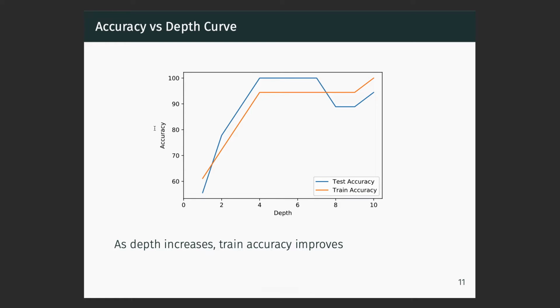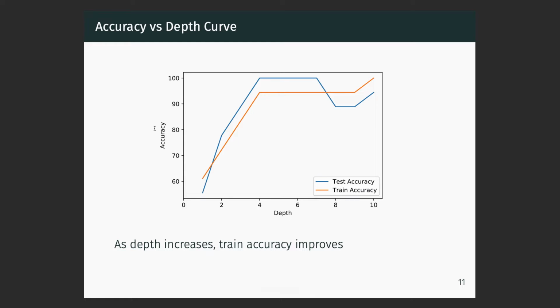But we can observe that as the depth is increasing, the train accuracy keeps on improving. It seems to be a monotonically increasing function. It's not decreasing. Why do you think that happens? Why does the train accuracy keep on improving with increase in depth?